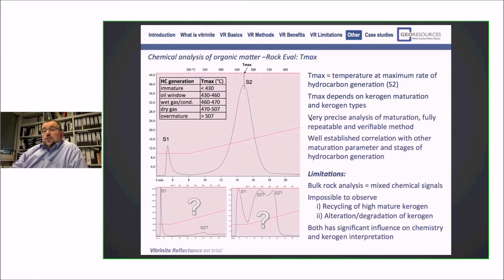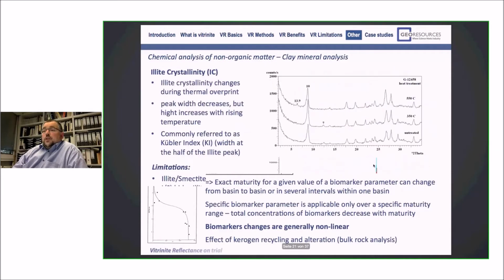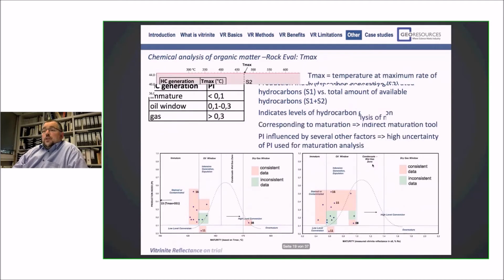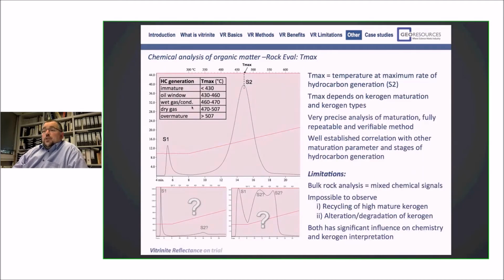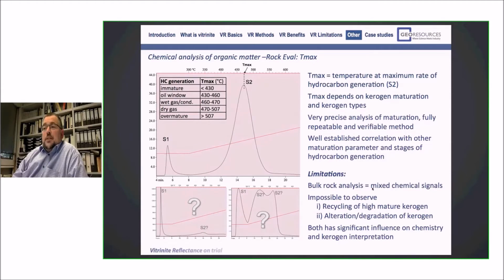It's also, like vitrinite reflectance, a highly precise analysis of maturation, fully repeatable and verifiable. And it's also well established with a lot of other maturation parameters and stages of hydrocarbon generation. But like all chemical analysis, it's based on bulk rock analysis.